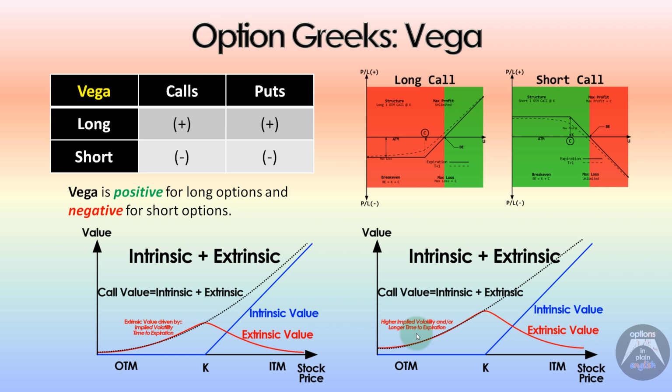So what you want is you want time to pass and implied volatility to go down when you're short. And when you're long, you want the stock to move to either side, but in a violent way, or you want implied volatility to go higher. Both those factors are going to make you profit from your position.